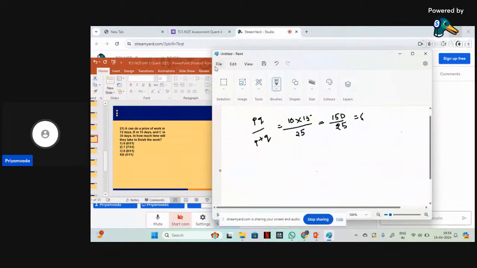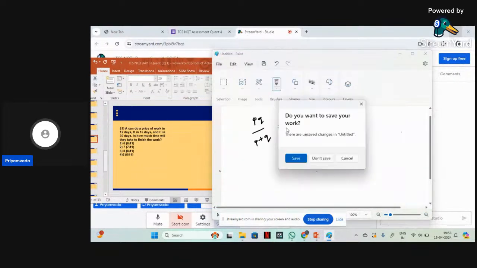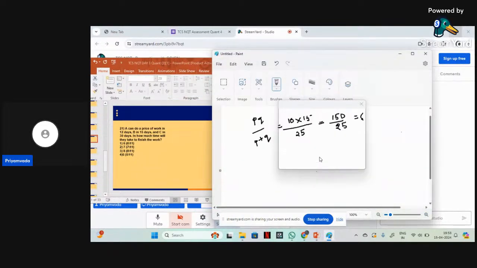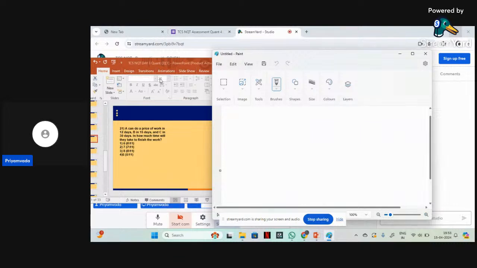Which formula will we use? 1 by T equals 1 by P plus 1 by Q plus 1 by R. So 1 by T equals 1 by 12 plus 1 by 15 plus 1 by 30.